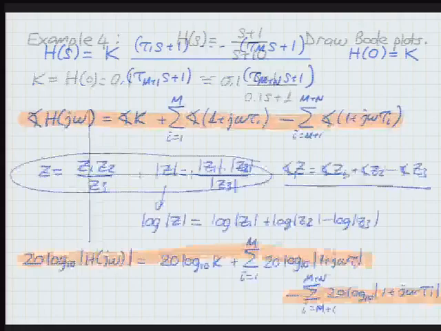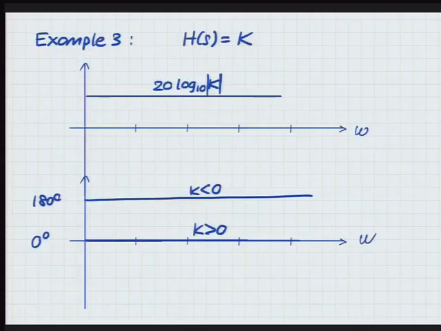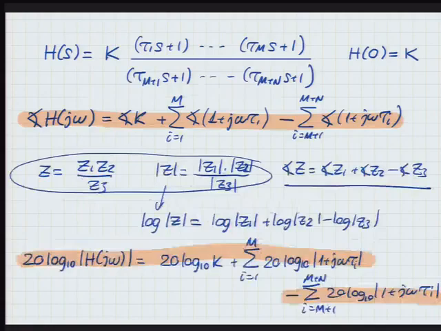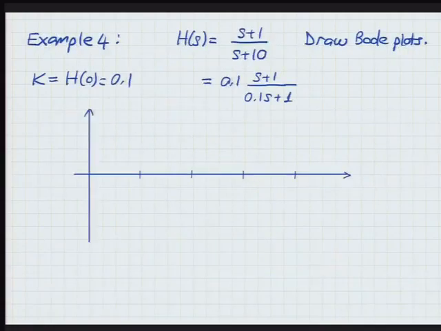So we're basically looking at this example here, right? K being 0.1, this is below 0 dB. It's negative 20 dB. All right, so let's use some colors here. Green maybe for the constant term. So negative 20 dB.